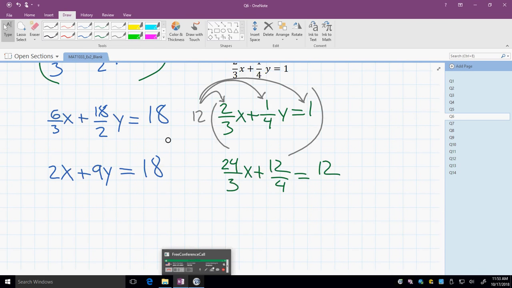Oh, the original 12, the gray one, when the denominators, the bottom parts, don't have any common factor, you just multiply them. So 3 times 4 gives me 12. That's why I'm multiplying everything by 12. That's the way to get rid of the denominator.